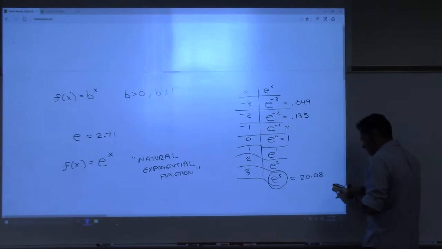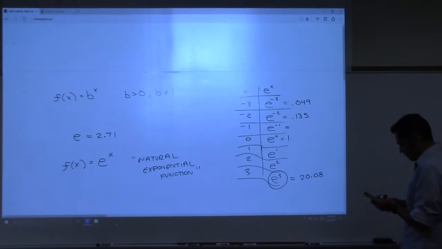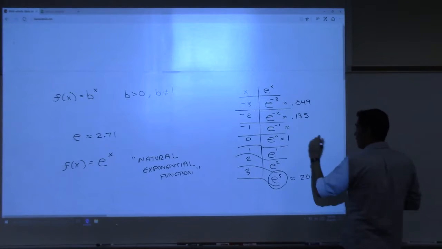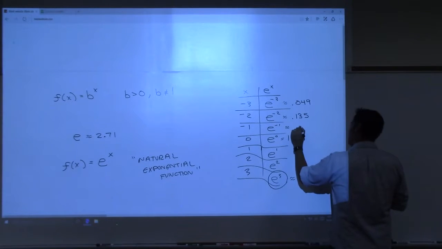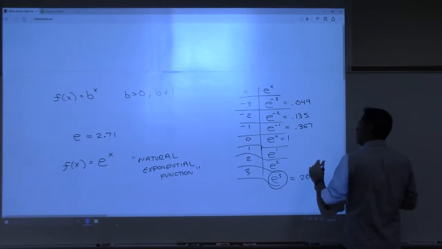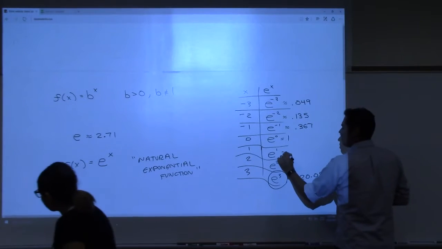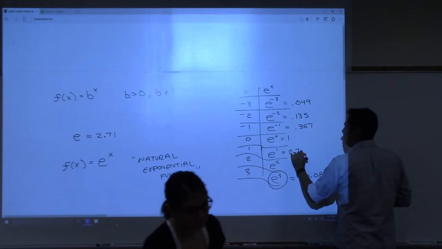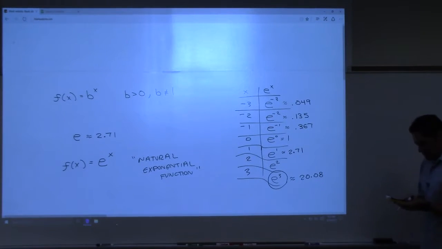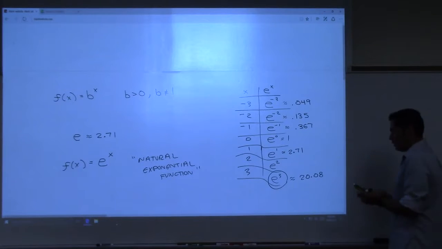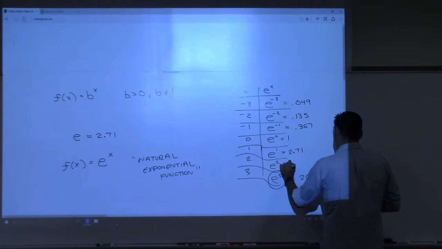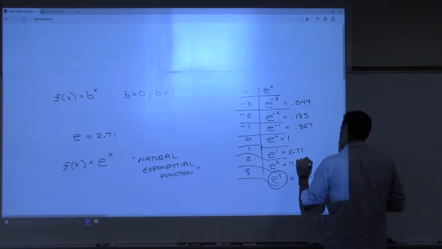E to the negative 1 should be approximately 0.367. We already know that this one is 1. E to the 1 is approximately 2.71. And then e squared is about 7.38.